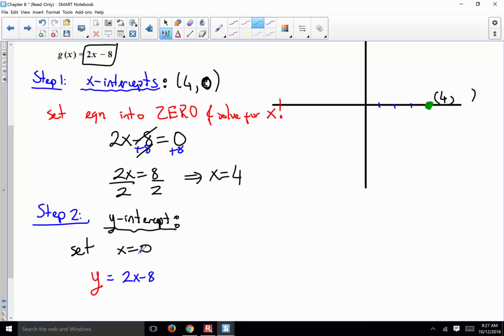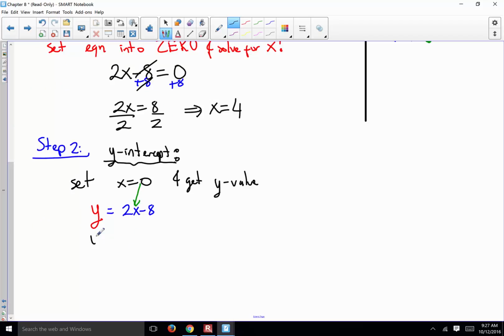And it says set each x into 0 to solve for y. And get y value. Alright, look at this. So easy. Just substitute 0. And what is the answer? -8.